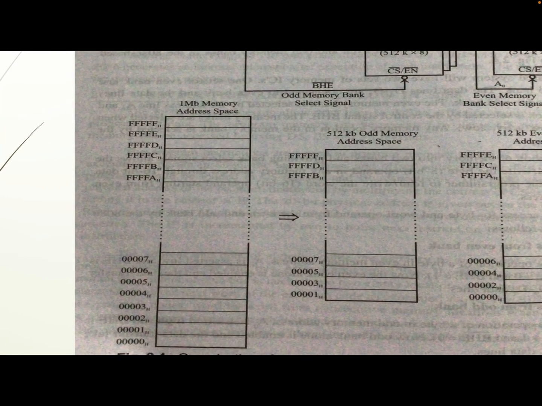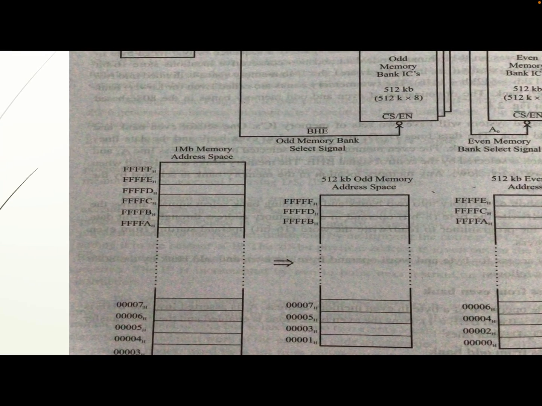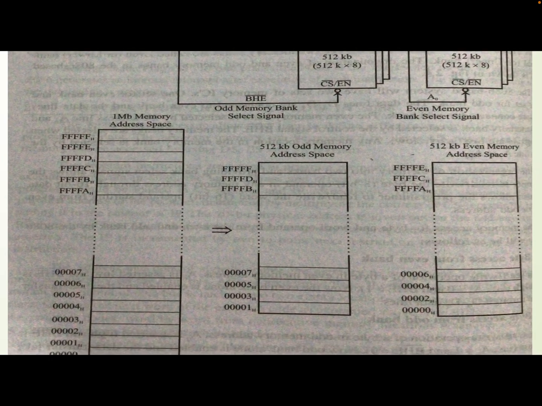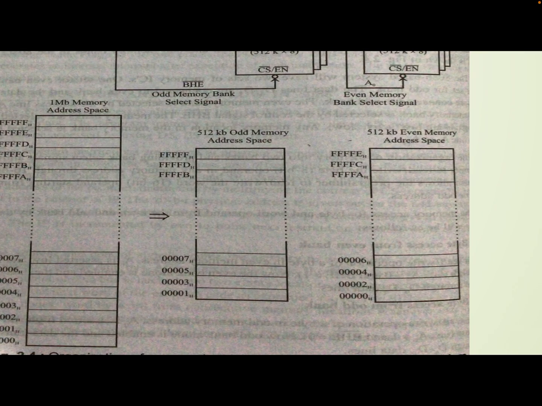As we can see, this is the address space, the total address space of 1 MB, represented as 00000 to FFFFF, and that is divided into 512 KB each. So this is the odd memory and this is the even memory block.